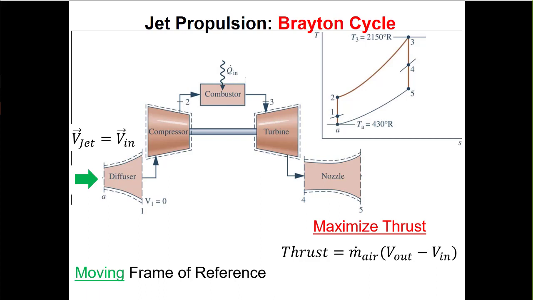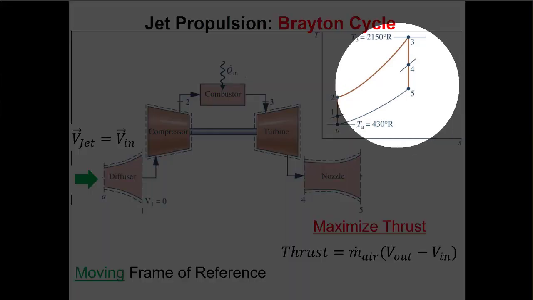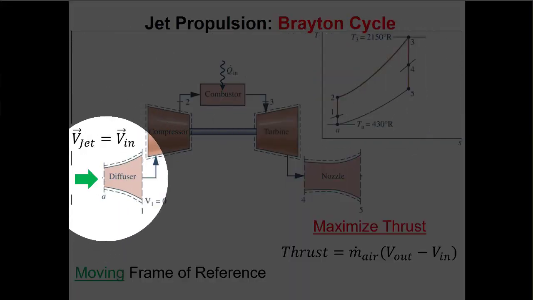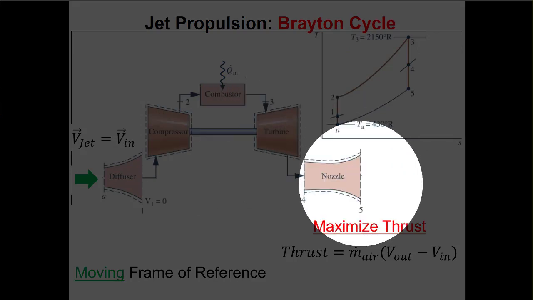And this is one of the things that's most difficult about the Brayton cycle, that these kinetic energy terms in the diffuser and the nozzle are important. I remind myself that they're important at the states that don't touch the rest of the jet.